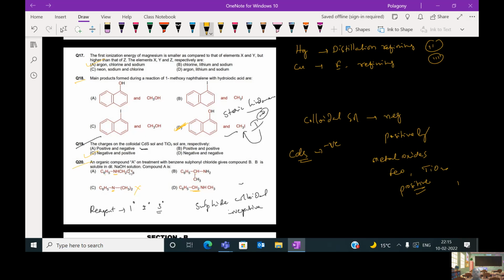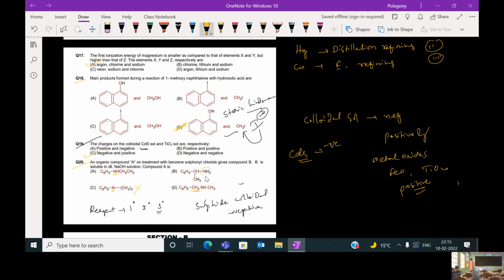Now the 20th question: an organic compound A on treatment with benzene sulfonyl chloride gives compound B, soluble in dilute NaOH solution. Compound A is... we have to consider the main reasons.